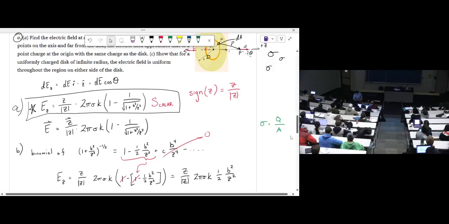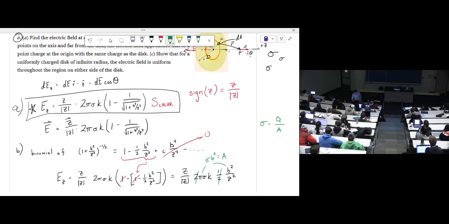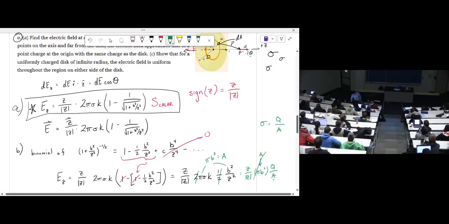Yeah. So I've got 2 cancels with factor 1/2. That leaves me with a factor of pi times b squared. So pi b squared is equal to the area of the disk, and sigma is Q over area. So I got z over z magnitude times pi b squared, well, that's just A times Q over A. So those cancel out.